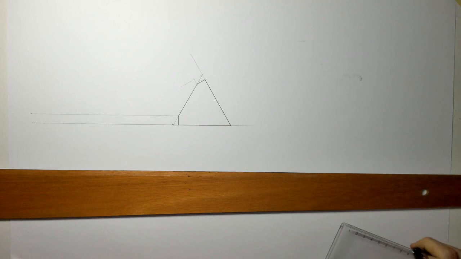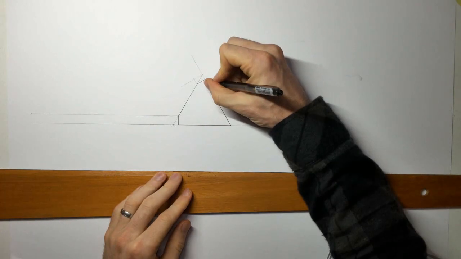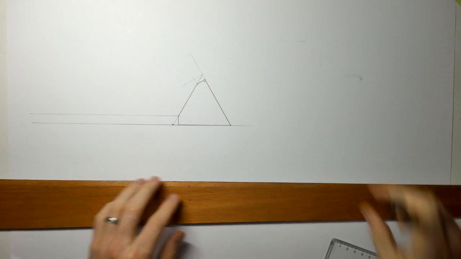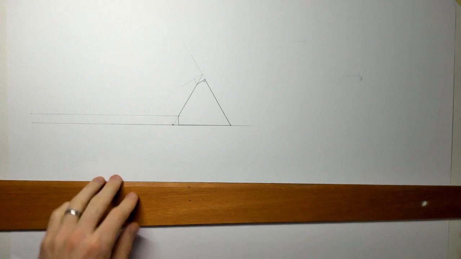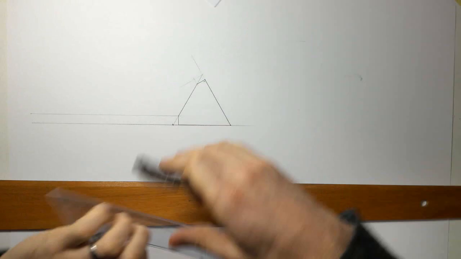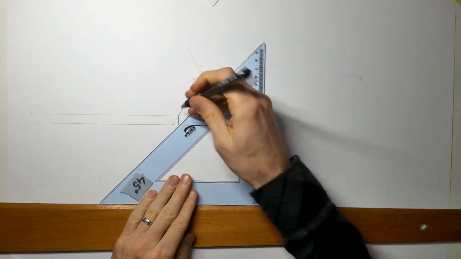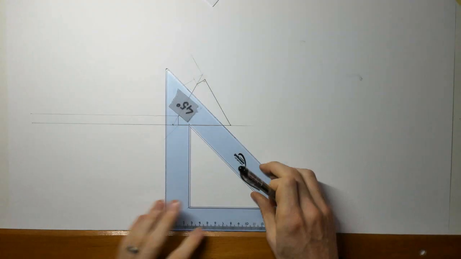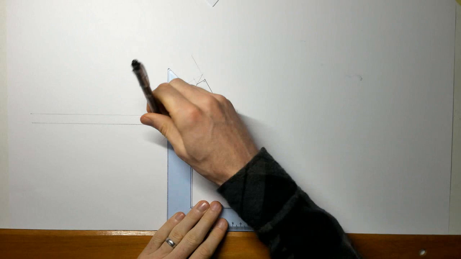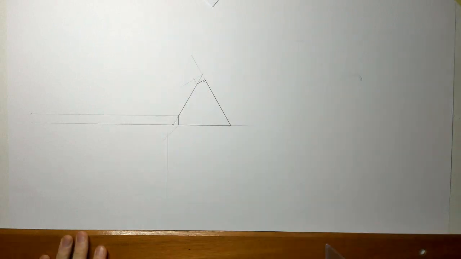Okay. Now, like I said, they did suggest the plan next. So we've got the end view, then plan. So let's project down to the plan at 45 degrees. And you can start that anywhere, just come over. So that's going to be my first edge.